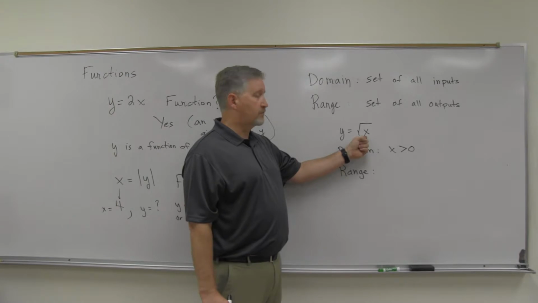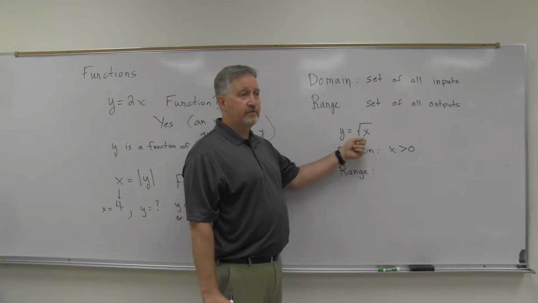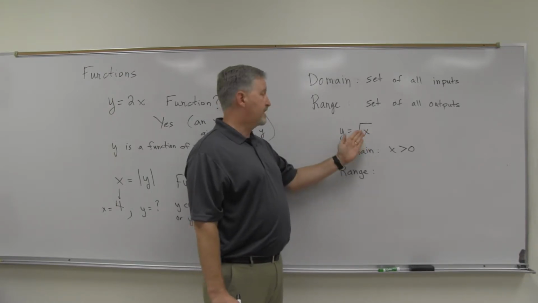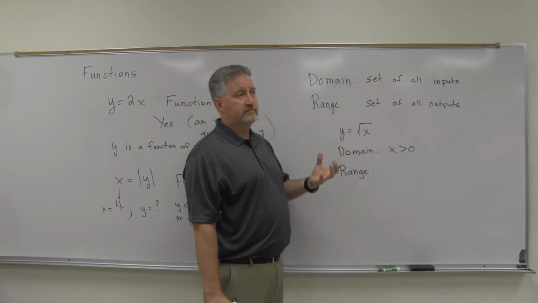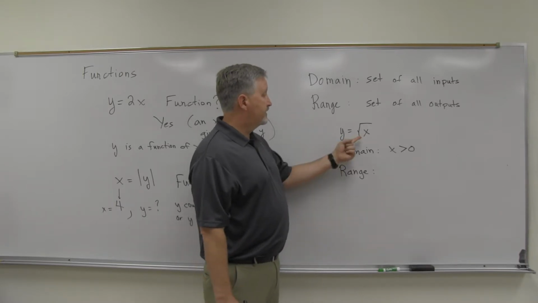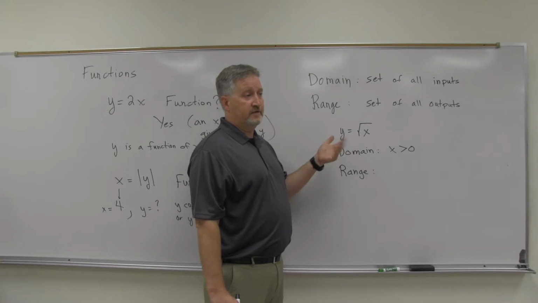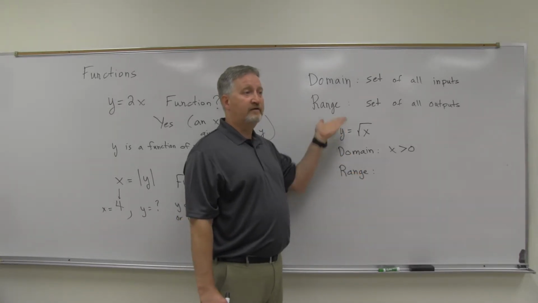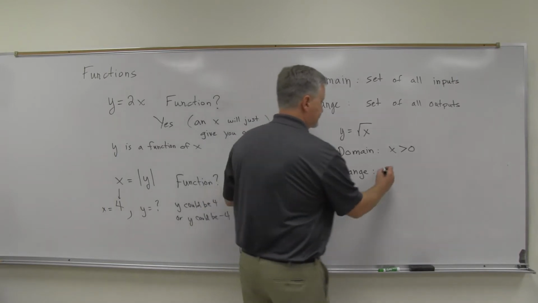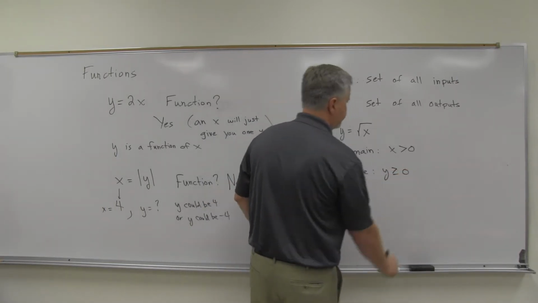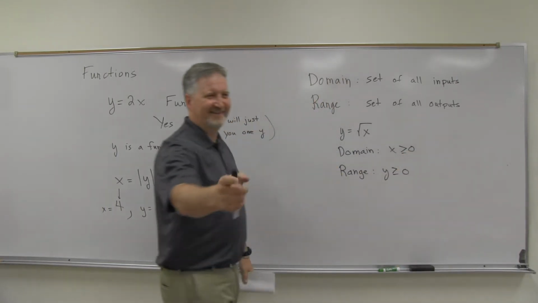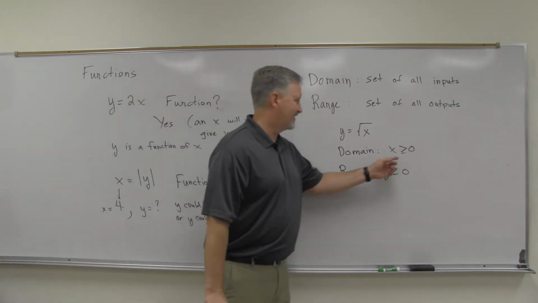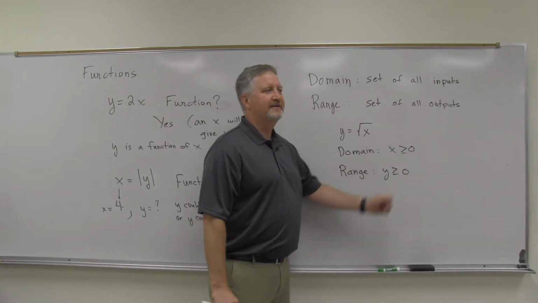I'd have the square root of 1, which would be 1, the square root of 4, which would be 2. Anything I plug in for x here that's allowed is going to give me a positive number, and of course 0. So isn't the range also going to be y has to be greater than or equal to 0? Greater than or equal to, yes. Thank you. I said we can use 0 and I forgot to put the equal to, but yes, thank you.